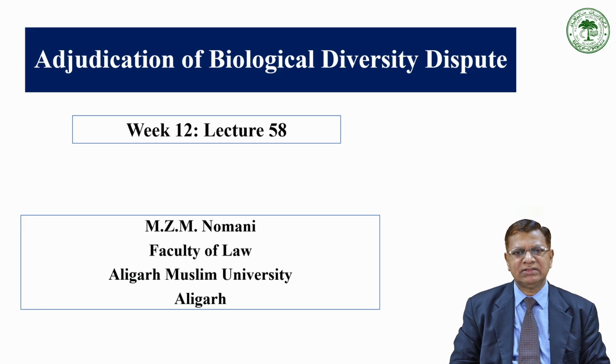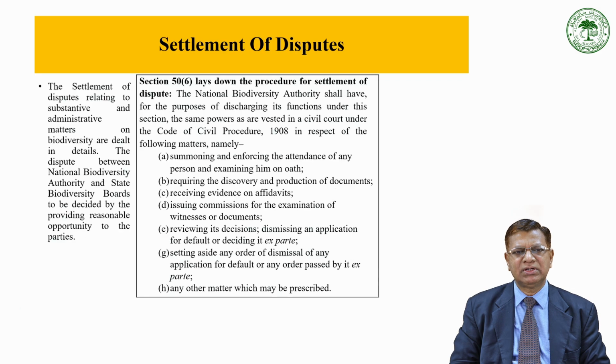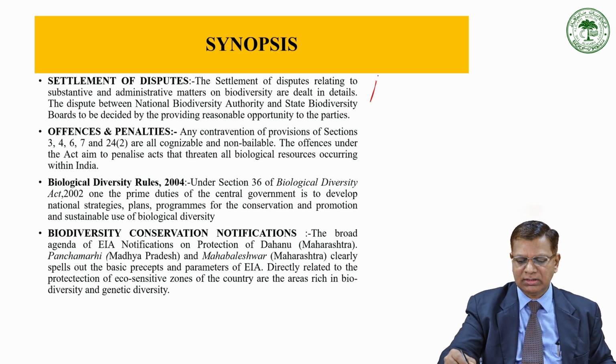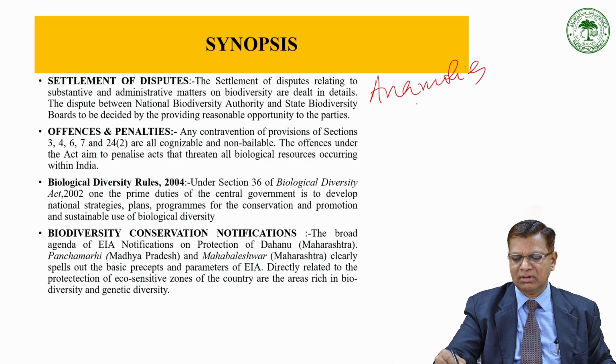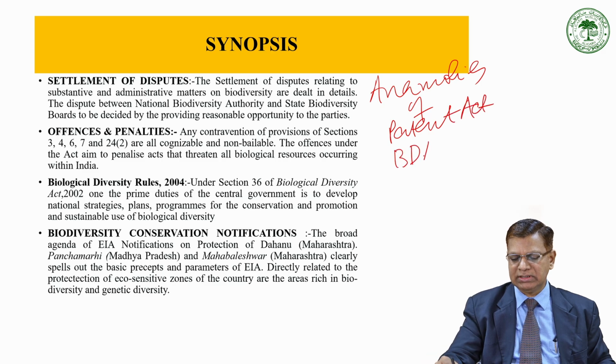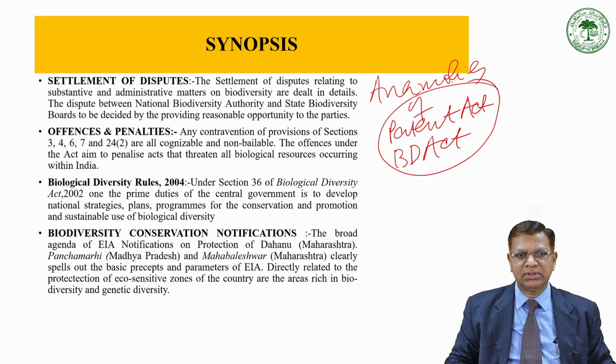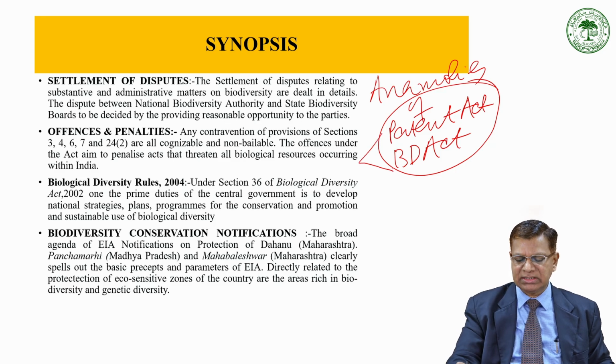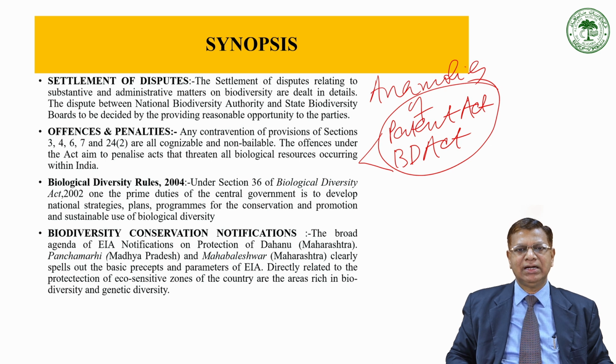And in this reference, as we have seen, the first and foremost aspect of adjudication of biodiversity disputes emerges out of the anomalies of the Patent Act and the Biodiversity Act. In this aspect, we have taken note of whatever infirmities and anomalies have crept into the Biodiversity Act as well as the Patent Act, and the competing sets of claims as identified in various case law, as well as in regard to the patenting of biological resources.